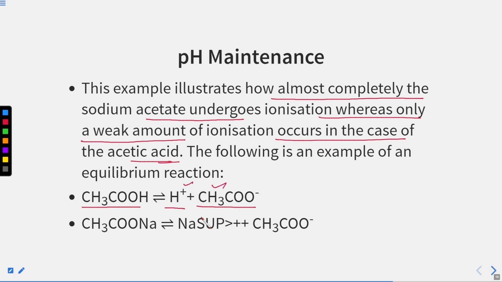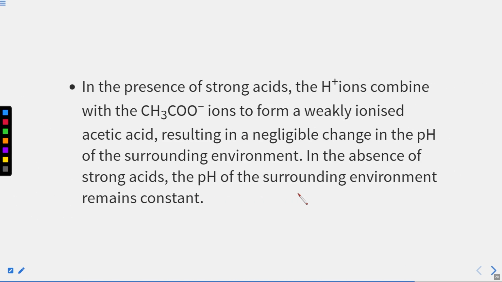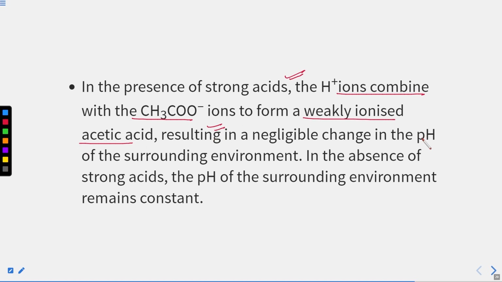And CH3COONa will give you CH3COO minus. So in the presence of a strong acid, the hydrogen ion combines with the acetate ions, forming the weakly ionized acetic acid, resulting in a negligible change in the pH of the surrounding environment. And in the absence of strong acid, the pH of the surrounding environment remains constant.